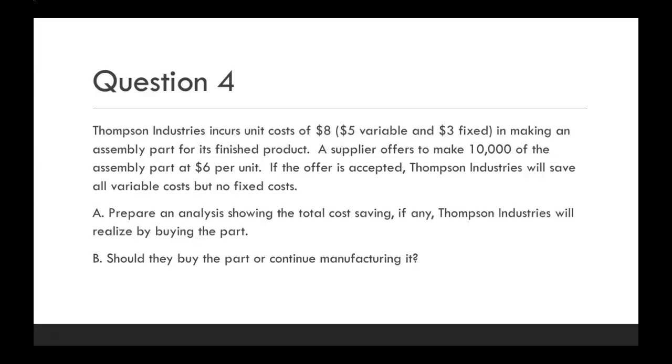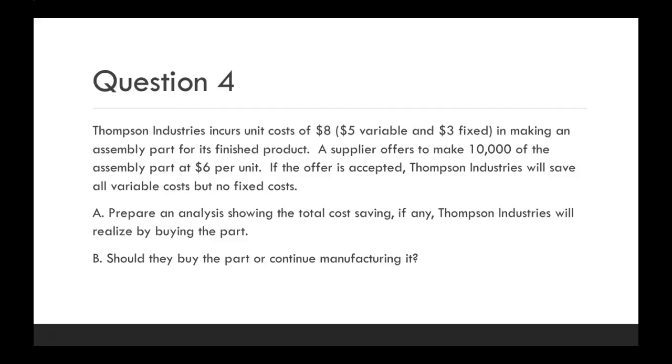So let's move on to question number 4. This one says Thompson Industries incurs unit costs of $8, which are $5 in variable and $3 in fixed, in making an assembly part for its finished product. A supplier offers to make 10,000 of the assembly parts at $6 per unit.